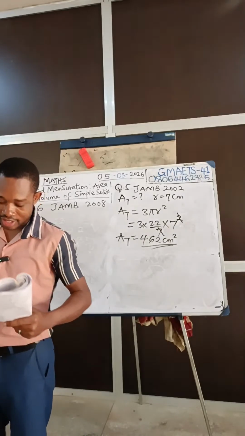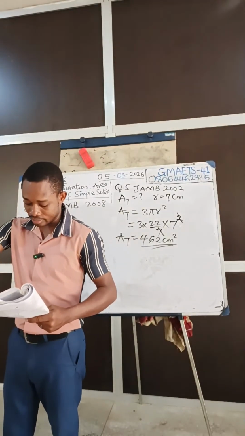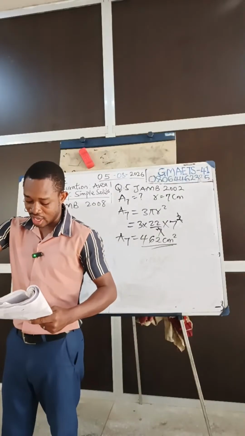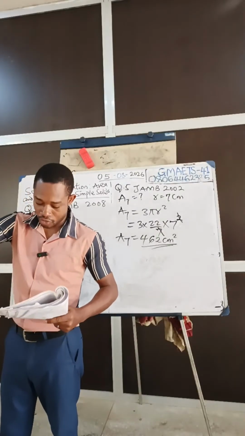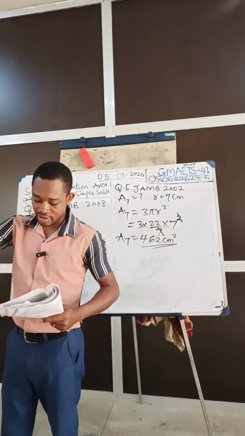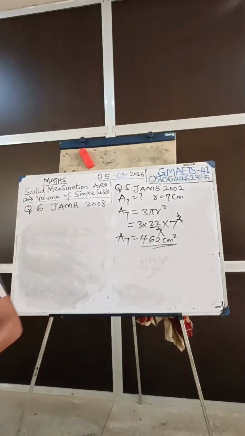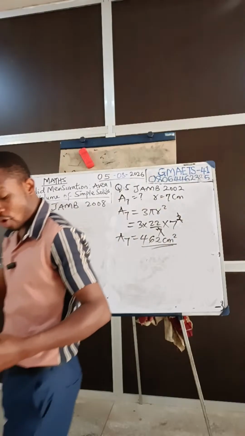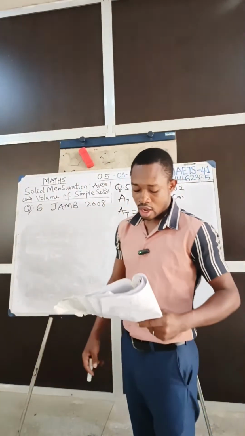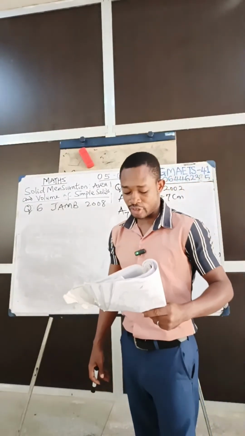Find the capacity in liters of a cylindrical well of radius 1 meter and depth 14 meters. You are still to take pi to be 22/7. Now we have the following options: 44,000 liters, option A. Option B is 4,400 liters. Option C, 440 liters. Option D, 44 liters.